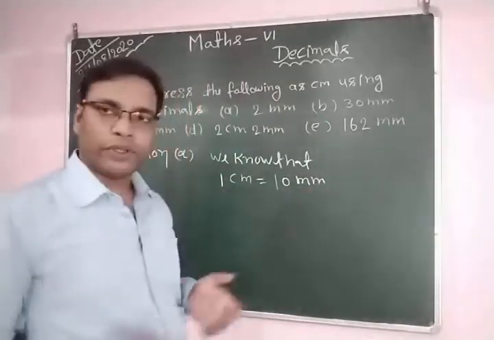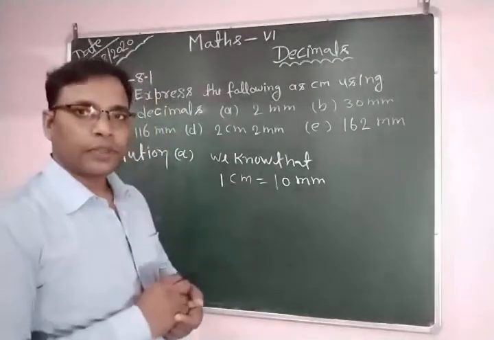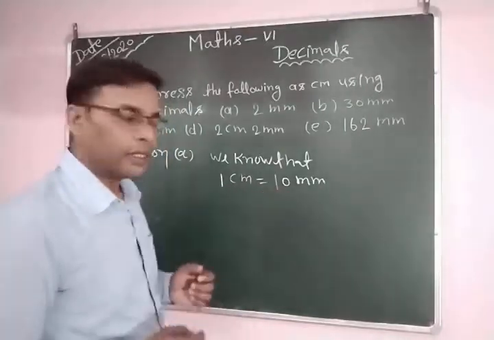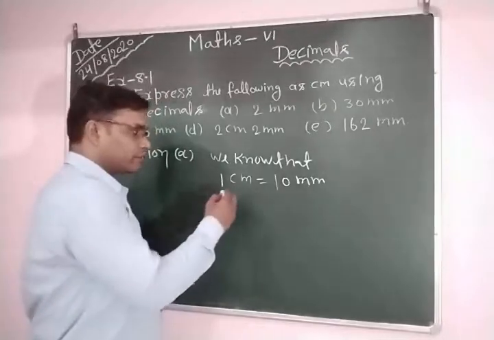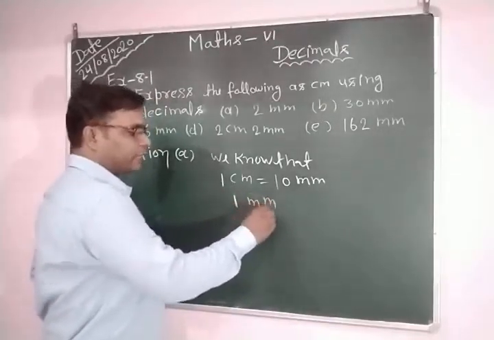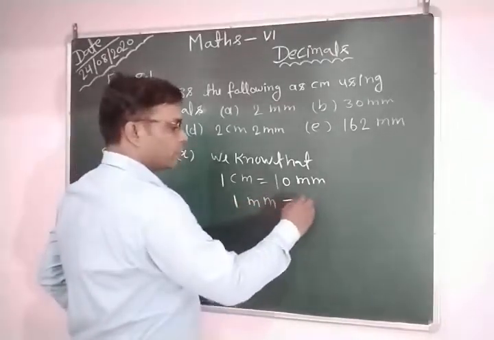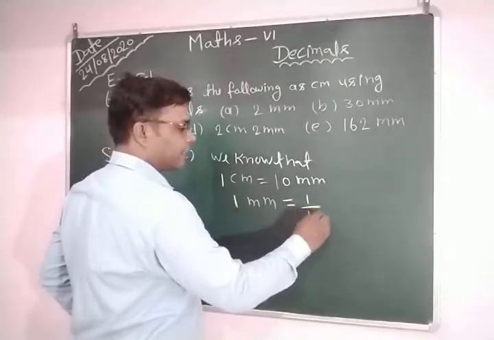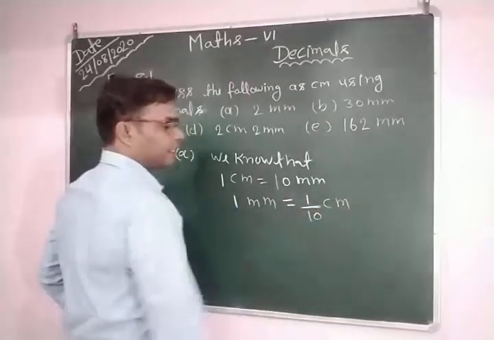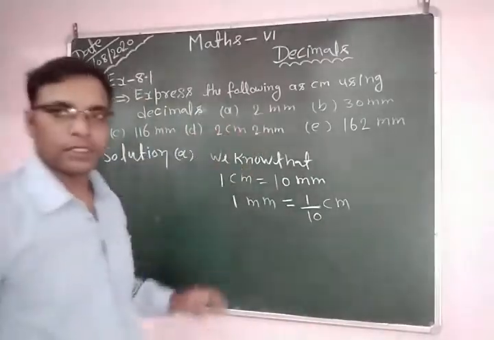Also we know that 1 millimeter is equal to 1 by 10 centimeters. Okay, so here we have 2 millimeters.